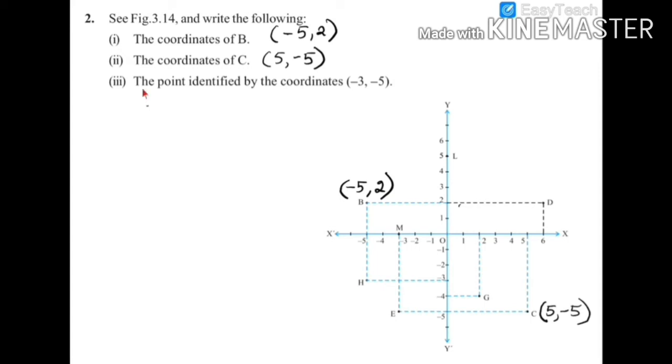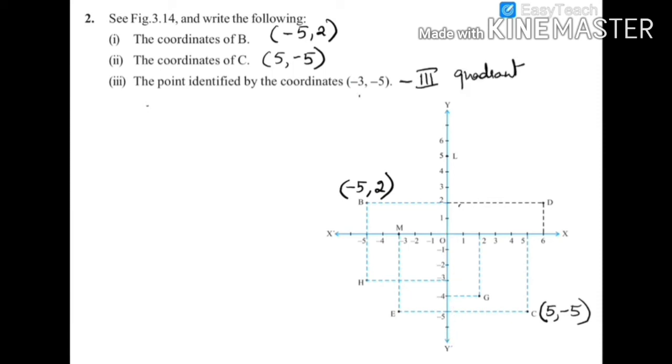Third part, the point identified by the coordinates -3, -5. Now look at the ordered pair. Both coordinates are negative. You can quickly say in which quadrant this point will lie. Since both are negative, it is going to lie in the 3rd quadrant.